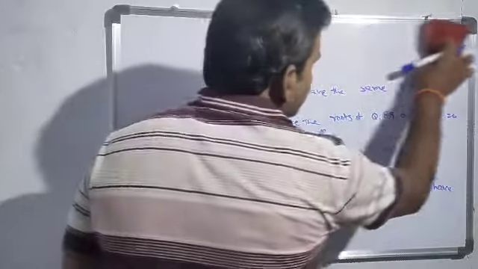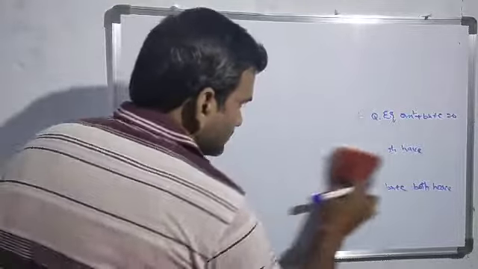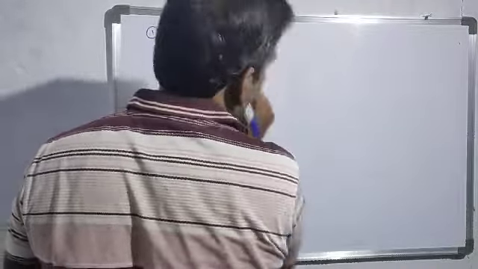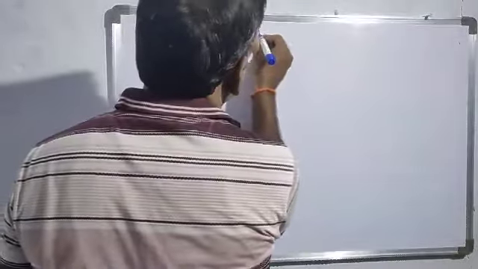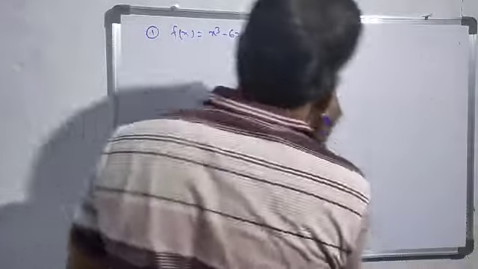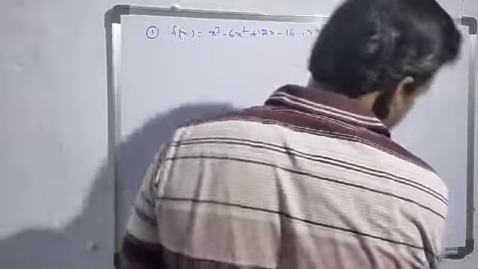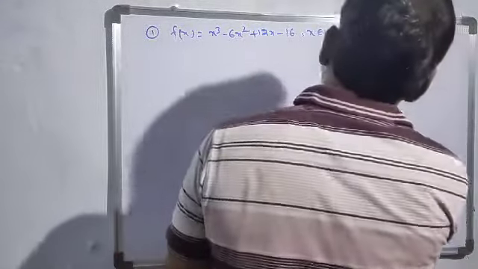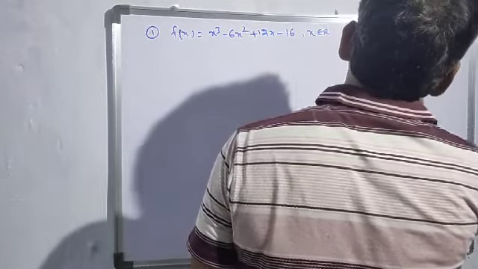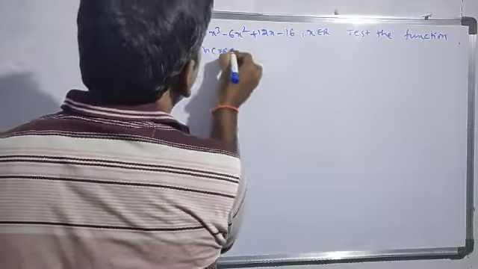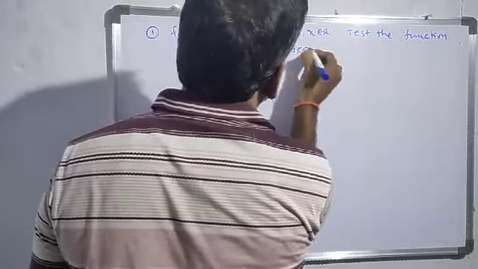Right, now I am erasing. F of x equal to x cube minus 6x square plus 12x minus 16, x belongs to R. Test whether the function is increasing or decreasing.